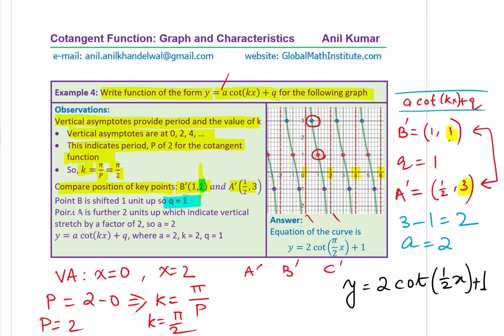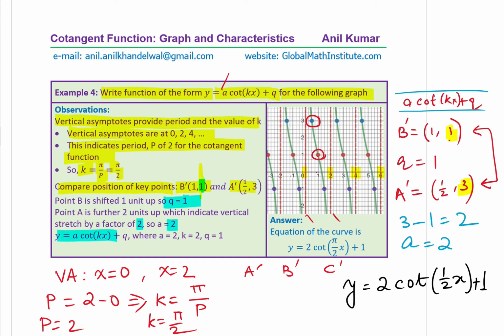Point A is further 2 units up, which indicates vertical stretch of 2. You see that? Difference between the height of the y values of A and B gives you the stretch factor. Normally it is 1, but in this case it is twice, double. So the vertical stretch is of 2.